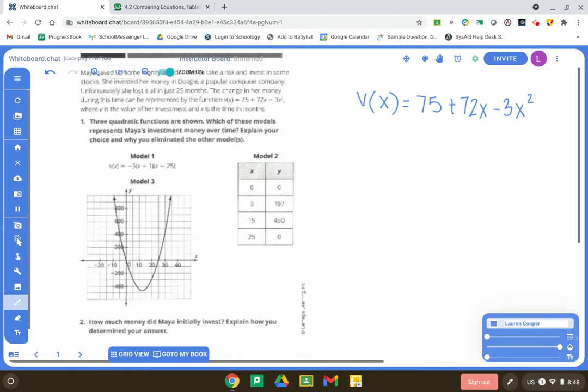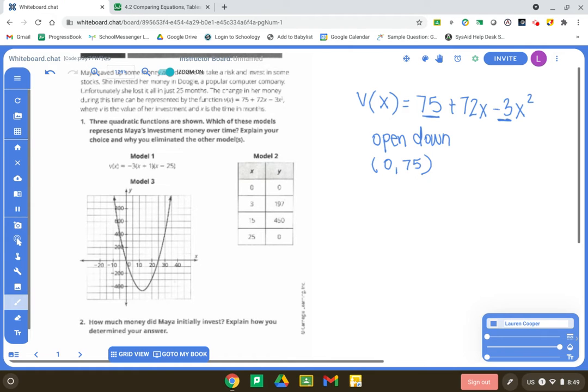And general form also gives you the y-intercept. So from this, -3 tells us that it is going to open downward. And then this 75 tells us that my y-intercept is going to be 0.75.